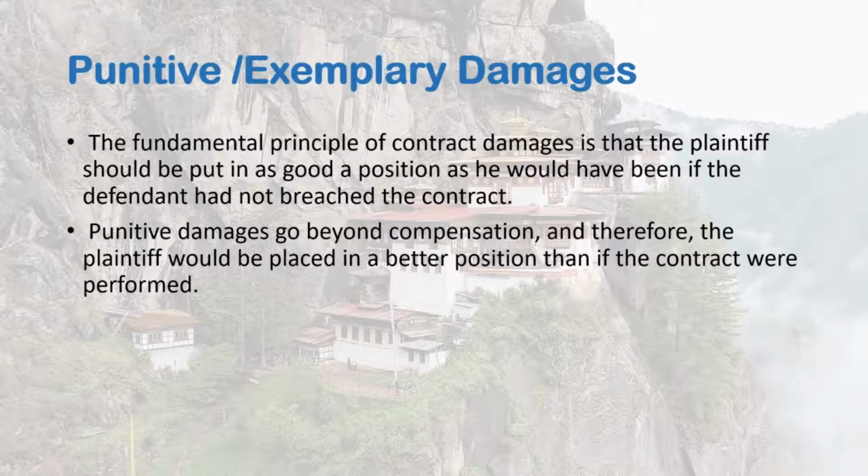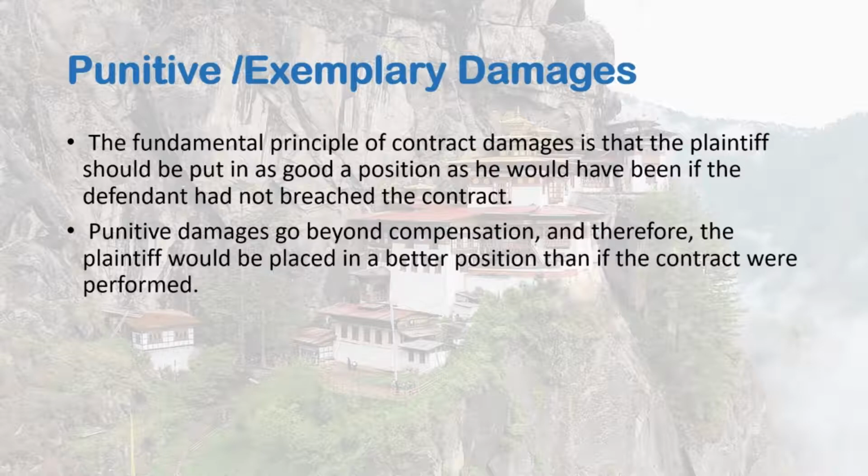Punitive damages are not measured by loss to the plaintiff nor gain to the defendant, but rather by the amount necessary to punish and to deter. So here, the amount does not look at the loss incurred by the plaintiff. Instead, it looks at whether the amount is able to punish the person who has breached the contract, and that will prevent similar actions in future.